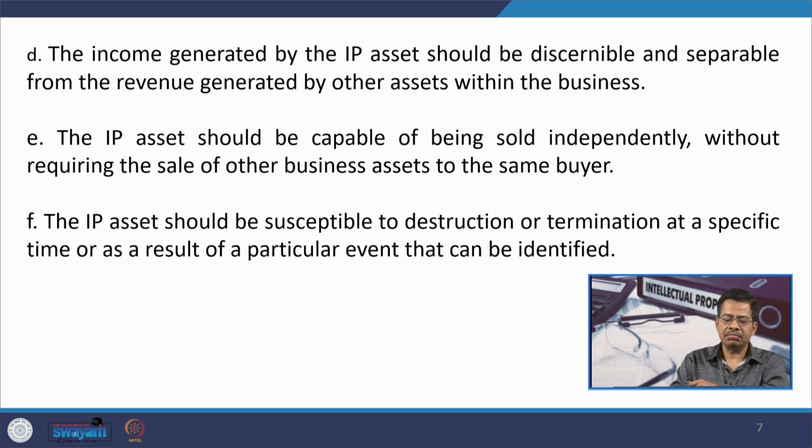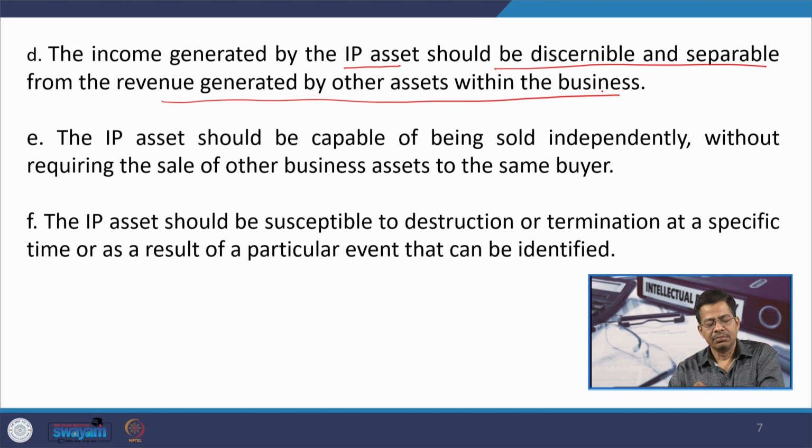Then further, the income generated by the IP asset should be separable from the revenue generated by other assets within the business. You should know that there should be a separate stream of income which is coming because of your IP assets.